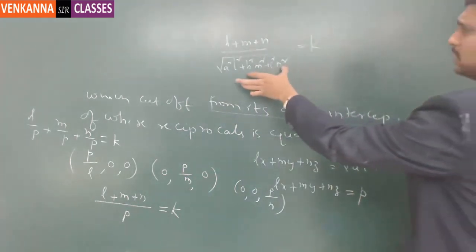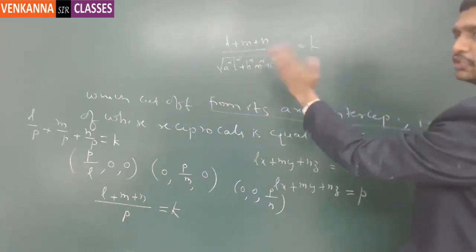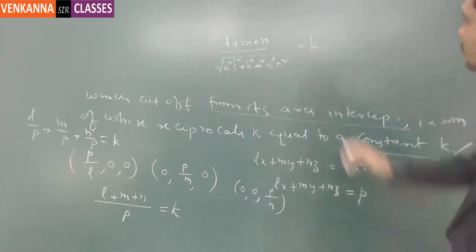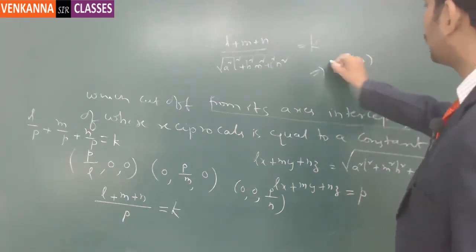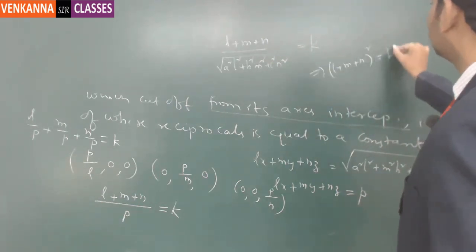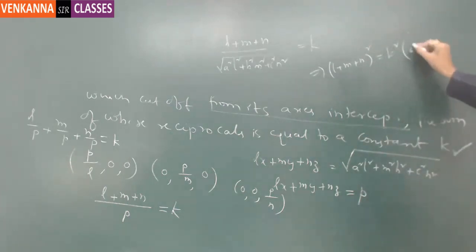Take this value to the right-hand side and let us square on both sides. Which gives (l + m + n)² = k²(a²l² + b²m² + c²n²).